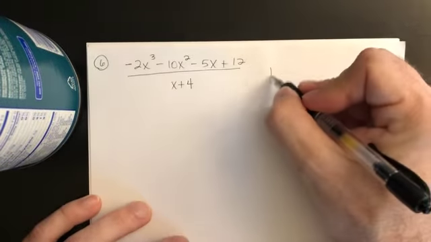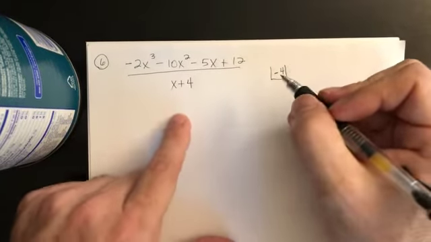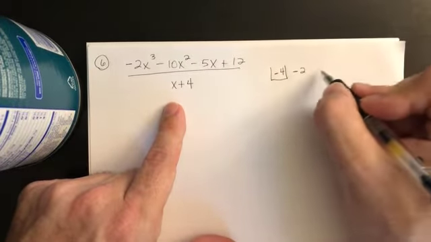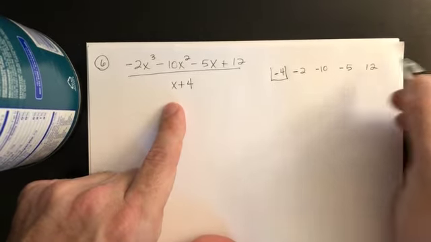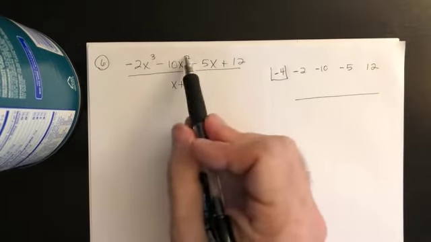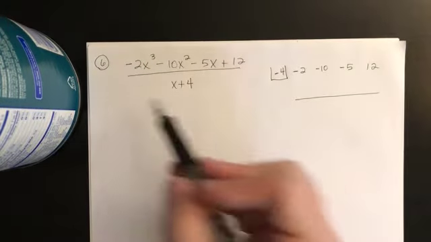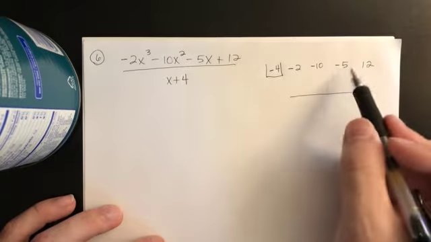So when I draw the box, I put negative 4 in here, right? And then I put negative 2, negative 10, negative 5, positive 12. Draw a space, draw a line, right? Just check. X cubed, x squared, x, number. Okay, nothing missing, all in order. Good. And those are the numbers with their negatives.